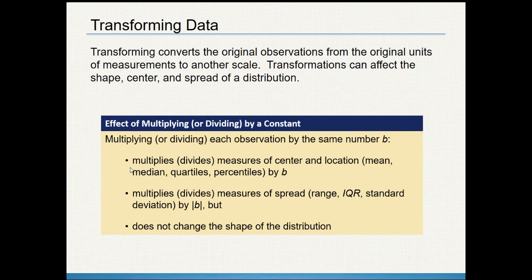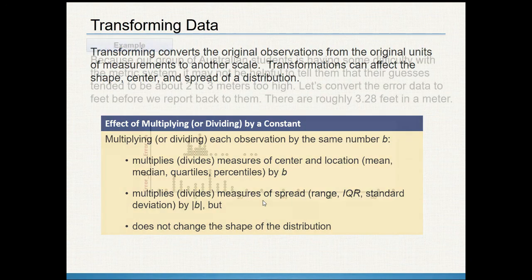Just make sure that you realize that it changes by multiplying or dividing by the absolute value of B on your range, IQR, and standard deviation, because B can be negative technically. And you would multiply or divide all the measures of center and location by B, even if it's negative. But it's the absolute value of B you're multiplying or dividing by when you're talking about measures of spread.